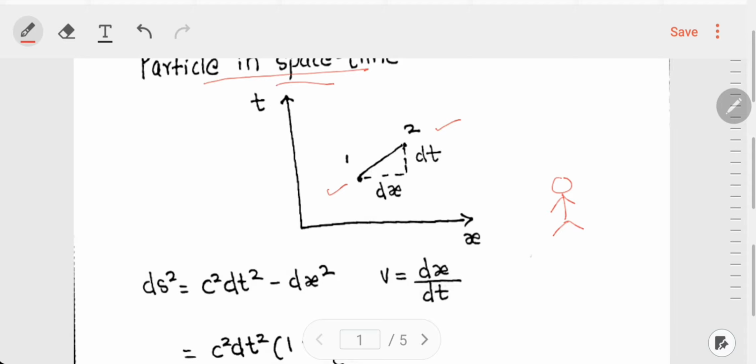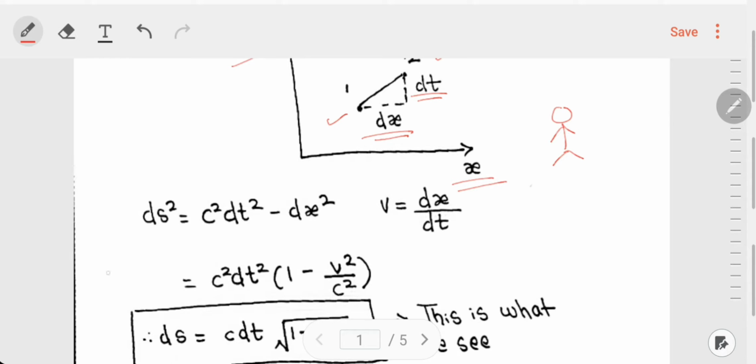So we have the coordinate axis of time and x as over here, and while moving from 1 to 2, the particle moves by an amount dx along the spatial direction x and by amount dt in the time direction.